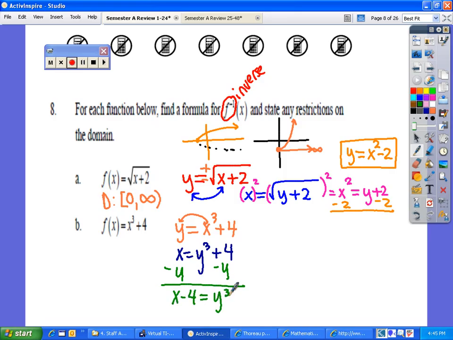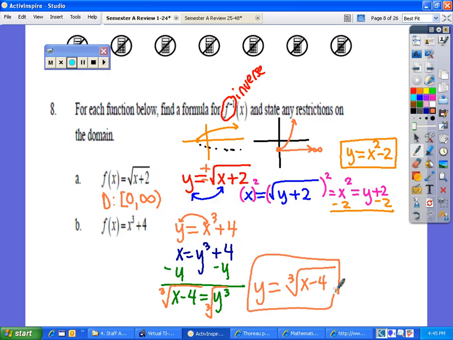Now the only way of getting rid of a cube is to do the cube root. So we're going to do the cube root on this side and the cube root on this side. And our answer would be the cube root of x minus 4. And we have no restrictions on the domain. It's going to encompass the entire x-axis because of our original picture.